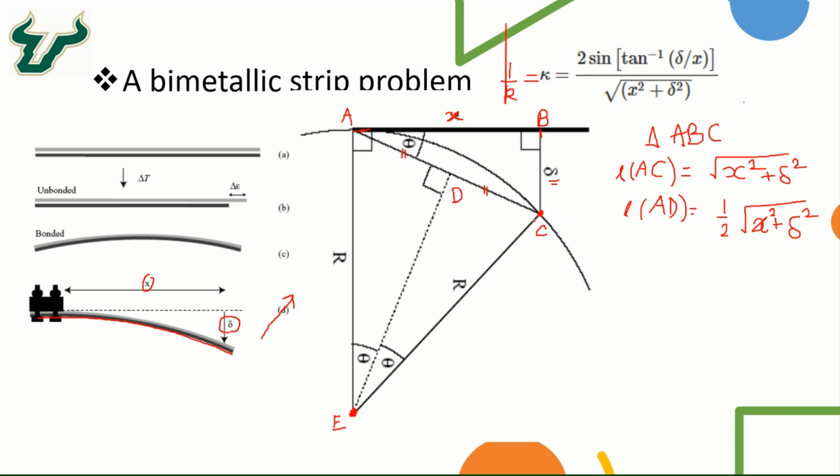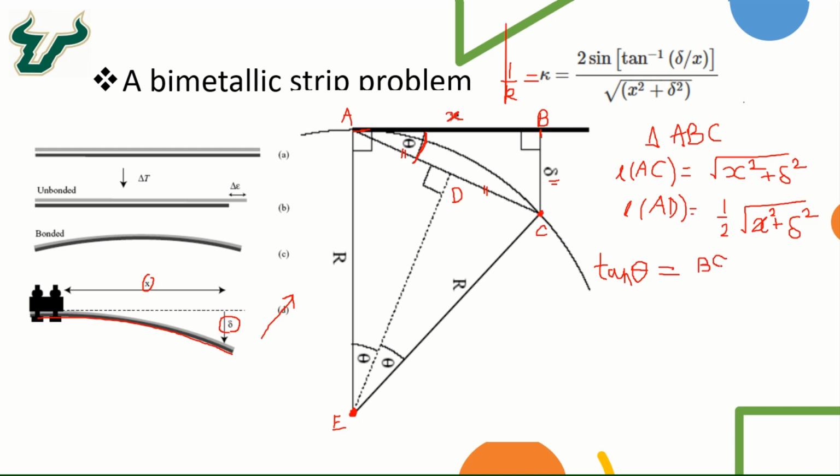now if we look at the angle theta here, this angle theta for the triangle ABC, we can formulate that in terms of tan. So tan theta equals length BC over length AB, right?